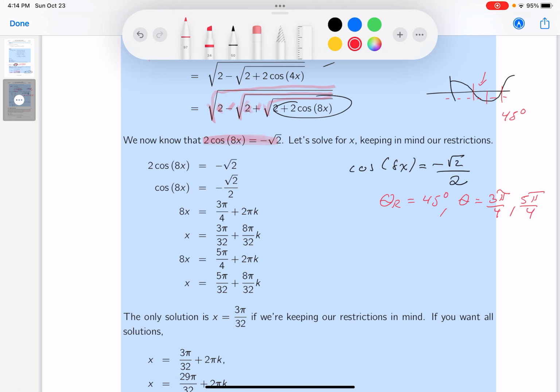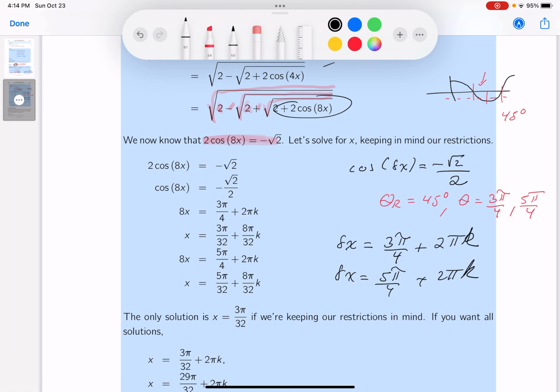All right, so let's write this down. Let me go back to black ink. The 8x is going to be equal to 3 pi over 4 plus 2 pi k. 8x equals 5 pi over 4 plus 2 pi k.